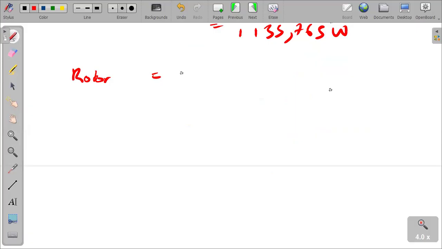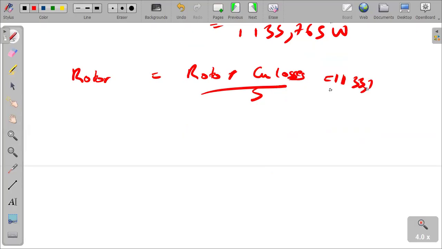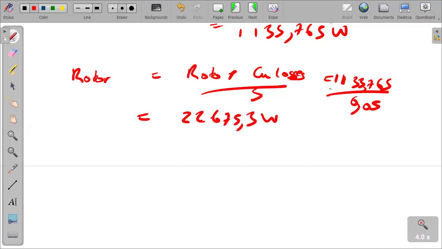Then the rotor input, remember we said, is equal to the rotor copper loss over S. So the rotor copper losses divided by the slip. Hence we can now substitute 1133.765 divided by 0.05, which is 5%. If we divide that by 100, we get 22,675.3 watts.